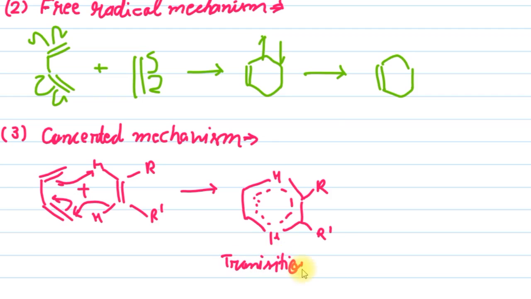And in the last we get a dialkyl cyclohexene molecule. This is cis addition occurring in this case. In the case of a cyclic diene, two cis additions, that is endo and exo, are possible.